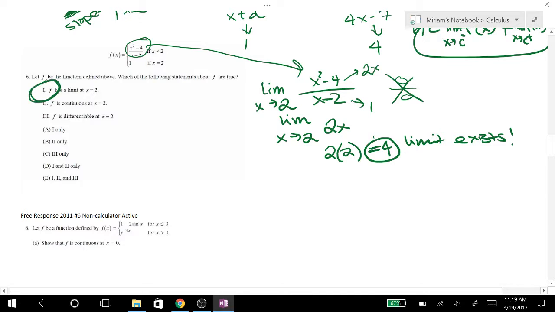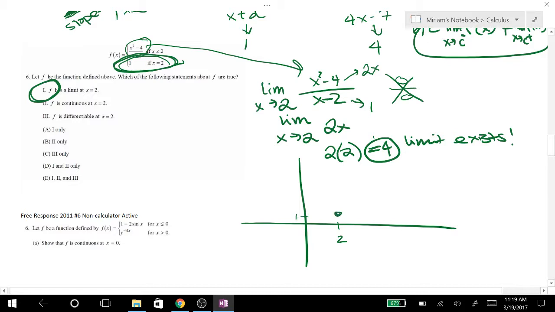Cool. Now, is f continuous? I usually like to graph things just so I have a visual. The second function says at x equals 2, my y value is 1. So let's say I have a little 1 dot here. But then we're saying that the limit is at 4.